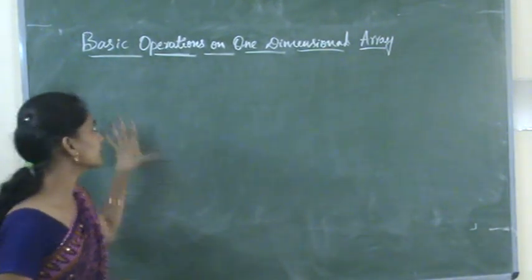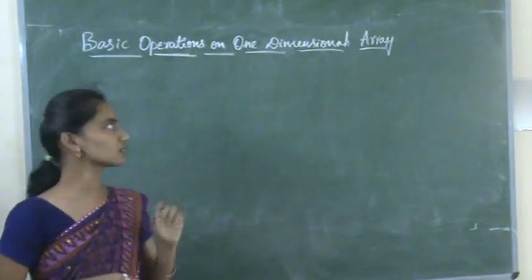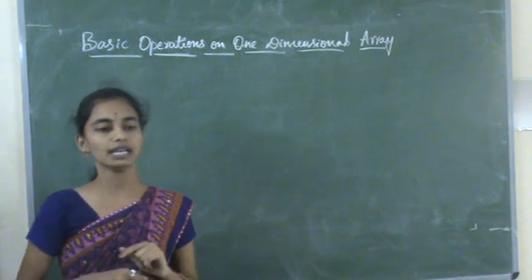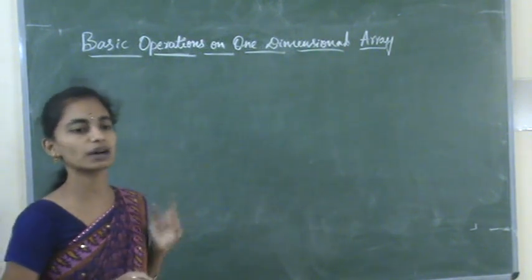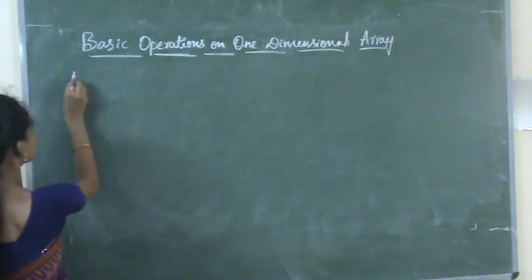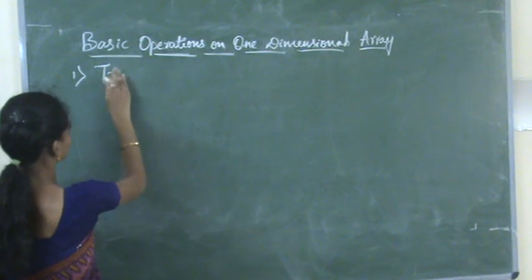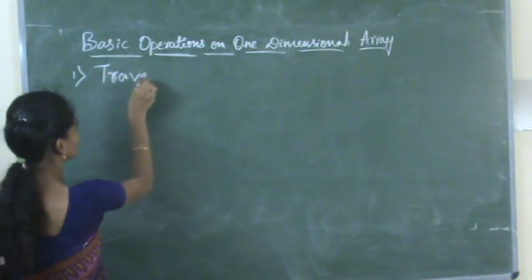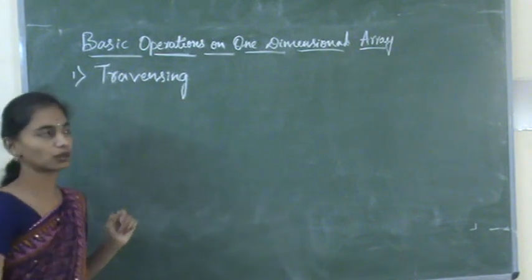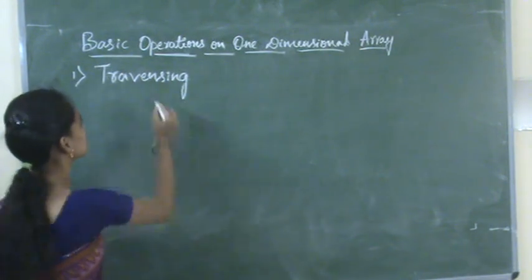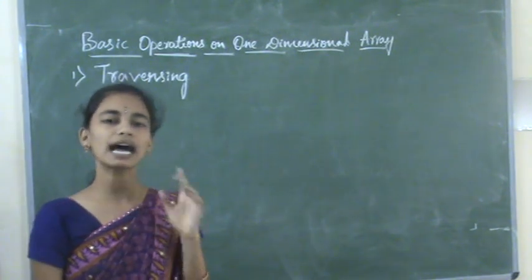So today we will discuss the basic operations on one dimensional arrays. We have 6 basic operations in a one dimensional array. The first one is traversing. Traversing means traveling in an array.